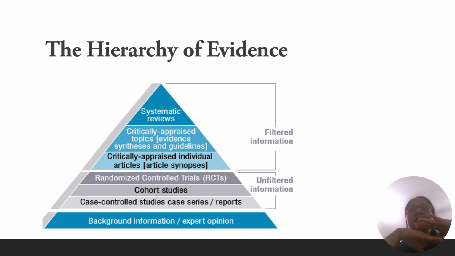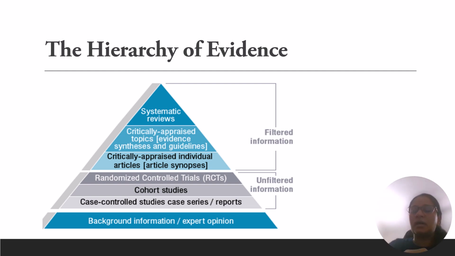Hierarchy of evidence suggests which studies give you more evidence compared to other studies. Here, the highest information you get is from the systematic review and meta-analysis.